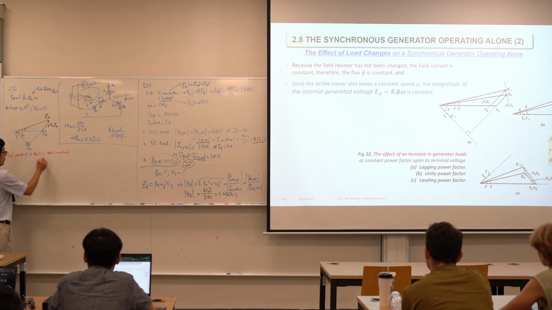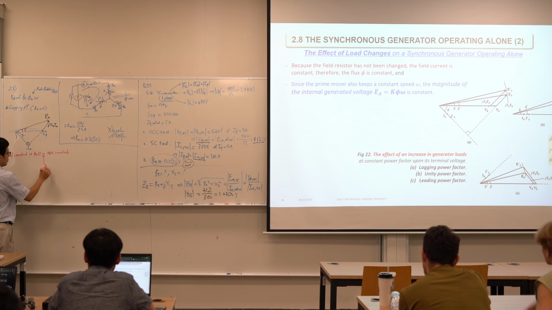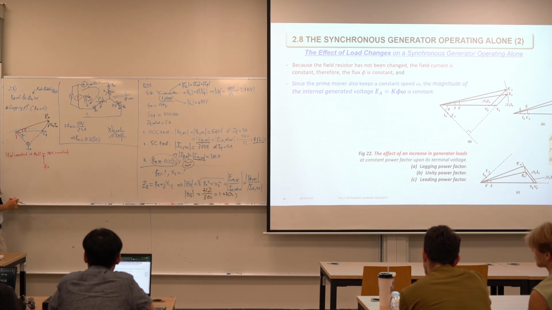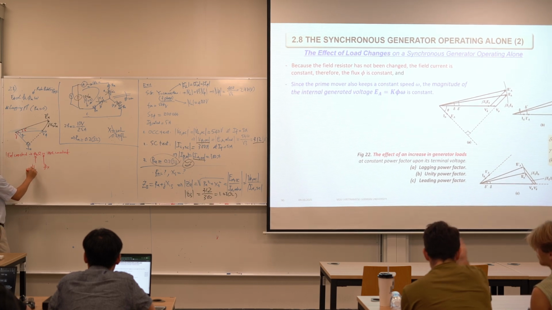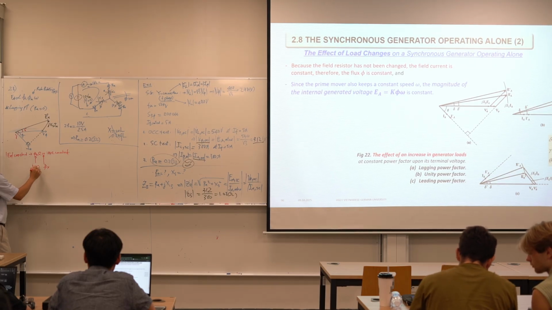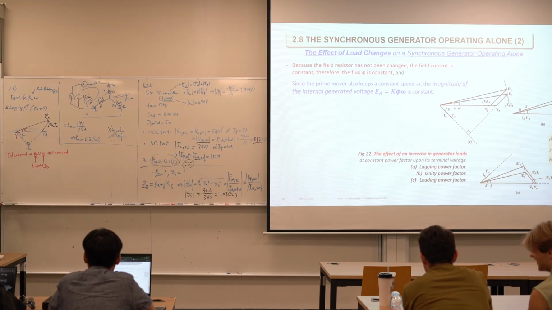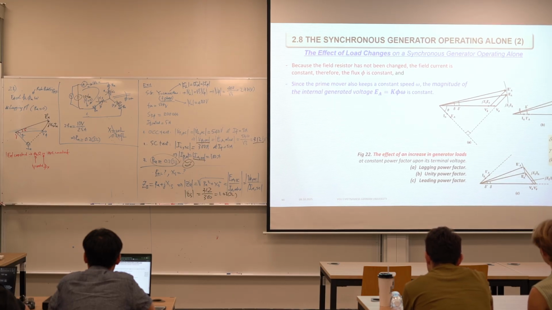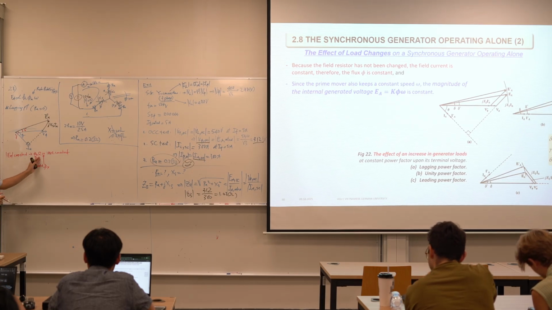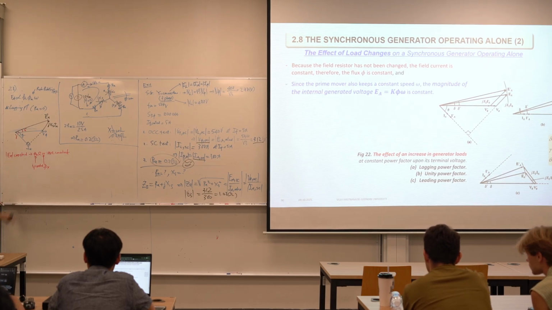So when we fix the rotor speed, that means omega is constant. So if IF is constant, phi m is constant. Okay? We assume EA is constant because phi m and omega are constant.